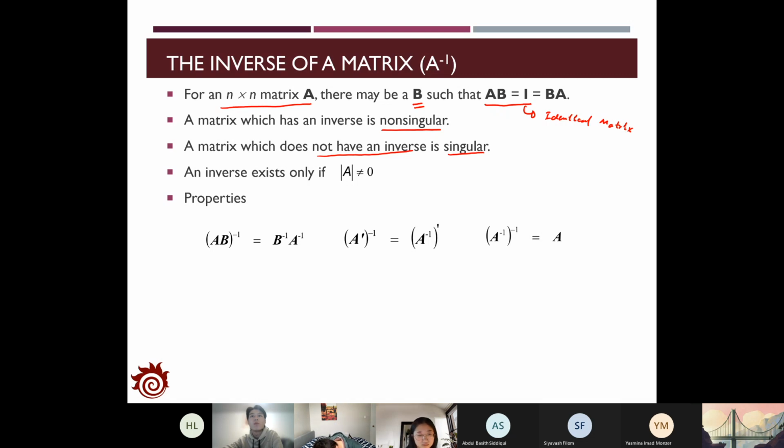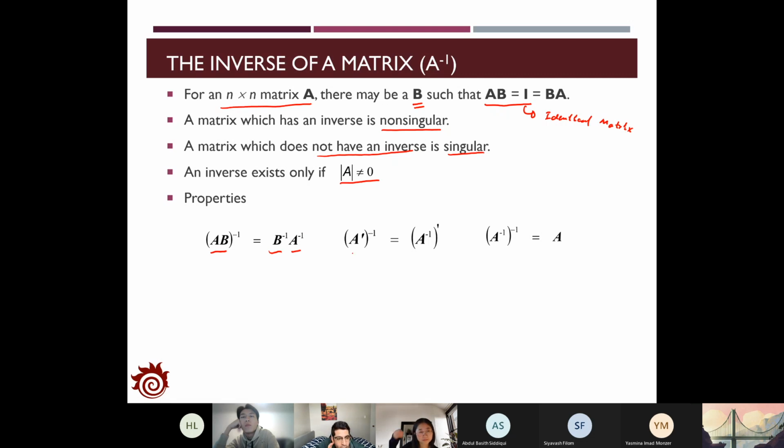If the inverse exists, we must see that the determinant of A is not zero. Only when the determinant of A is not zero can we show that the inverse exists. We also have some features about the operations for the inverse. For the inverse of A times B, the two matrices, it equals B inverse times A inverse. You need to change the order.